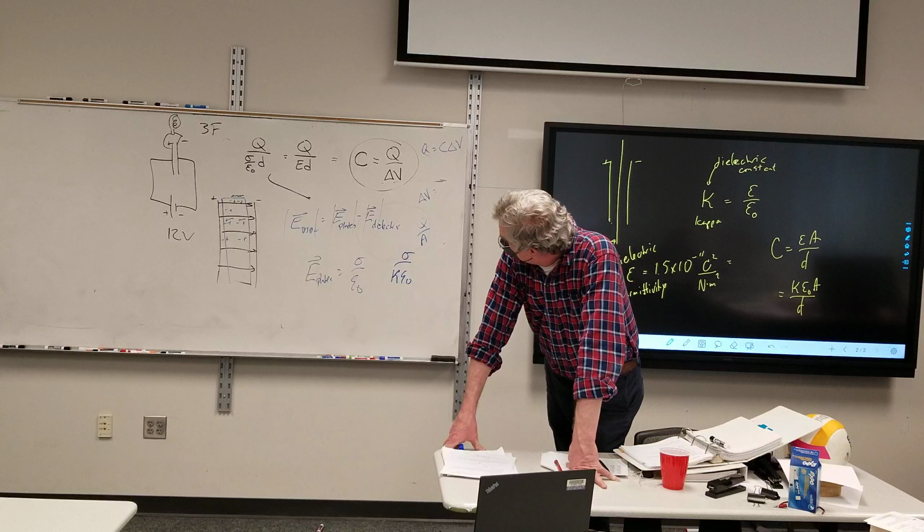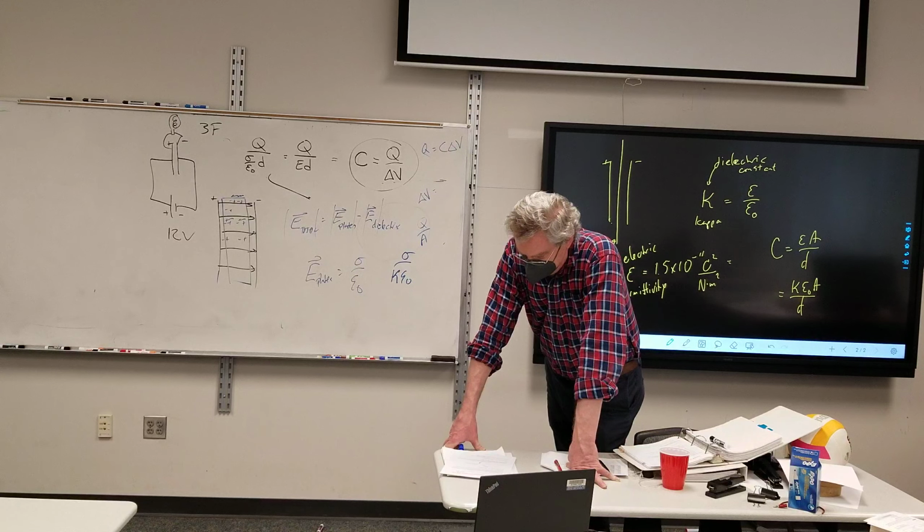With those, you should be able to find the capacitance with nothing in between them. If I gave you a dielectric, I typically give the dielectric constant, so then you could find the total electric field.